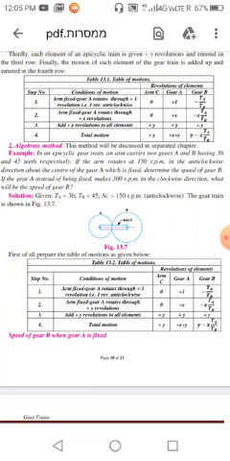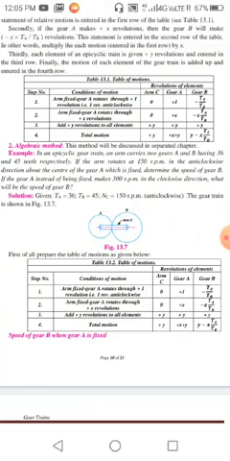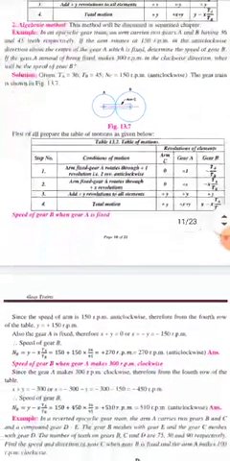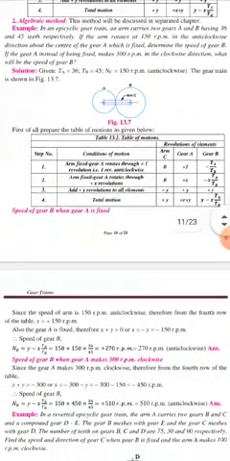In row 4, the speed of gear A is x plus y. So we put x plus y equal to 0, and we give the value of y. Y is 150 rpm anti-clockwise, which is taken as plus, so x will be minus 150 rpm.